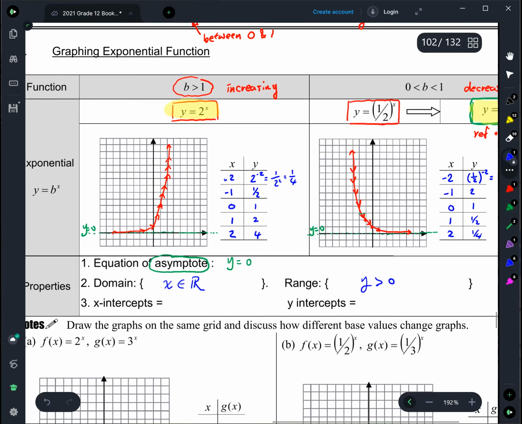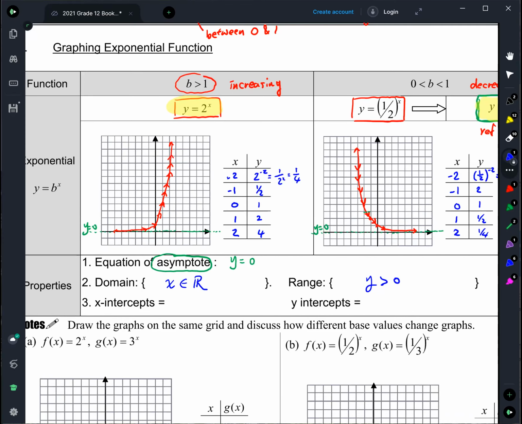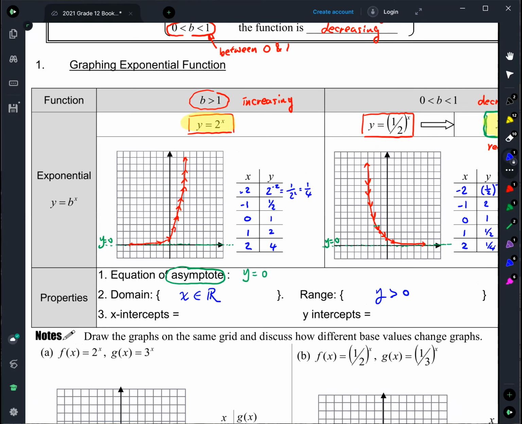And then the x-intercept. Marcus, where do you think the x-intercept is? What does x-intercept mean?